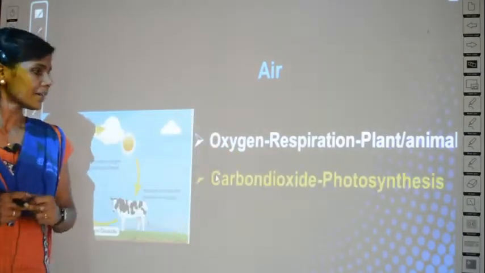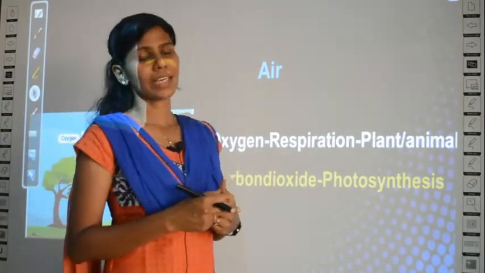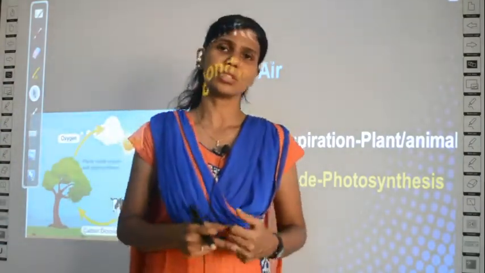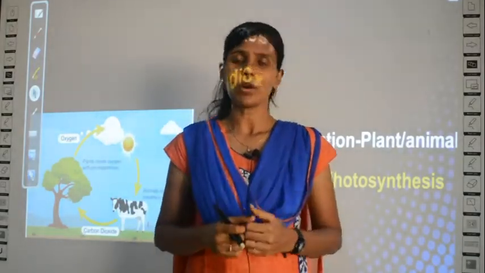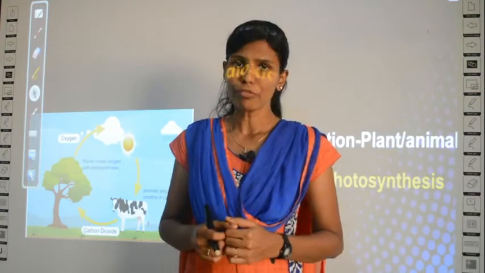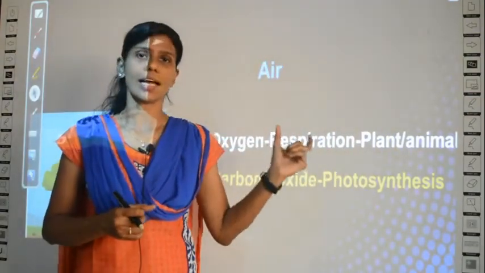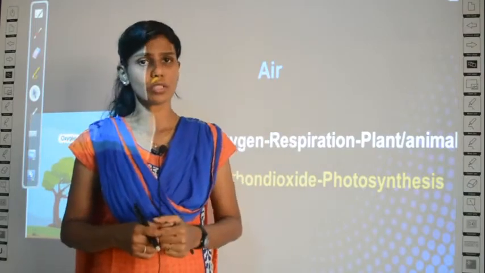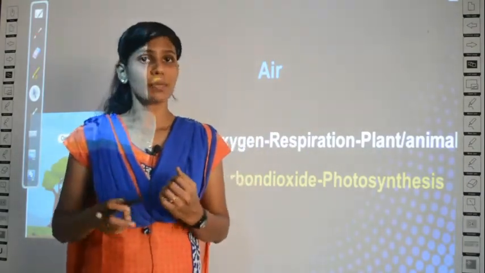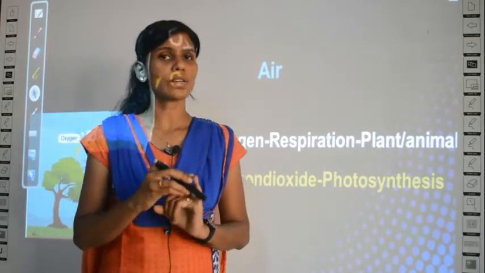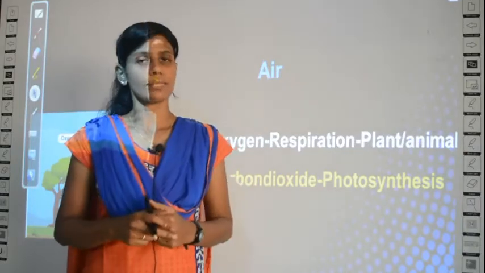It is carbon dioxide. So we exhale carbon dioxide. Exhalation means giving out carbon dioxide, which is a waste product from our body. But for the plants, this is the essential gas, because we have studied in the process of photosynthesis, the major raw material is carbon dioxide gas, which gets into the plant through the stomata of the leaves, right?